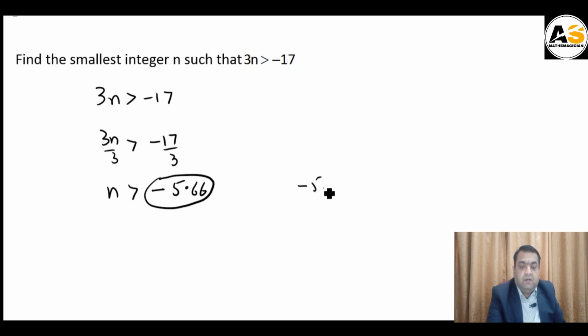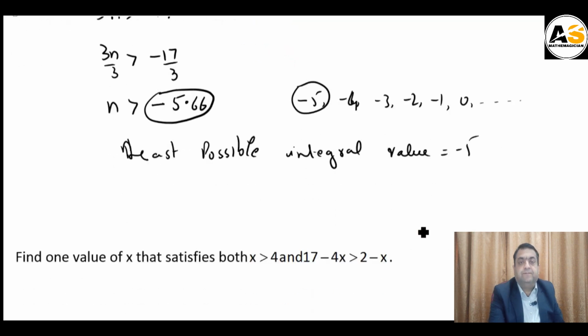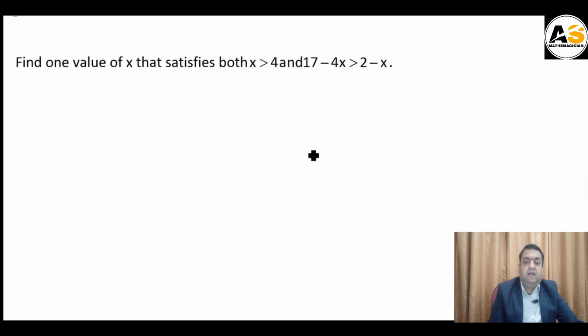Minus 5, minus 4, minus 3, minus 2, minus 1, 0 and so on. We have to find the smallest of these, which is minus 5. The least possible integral value is minus 5. I hope this is clear.